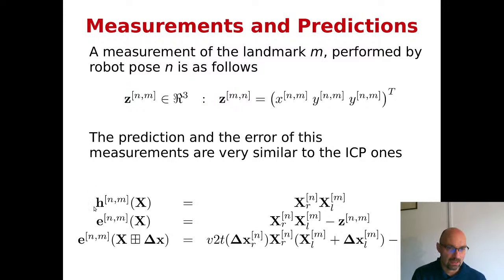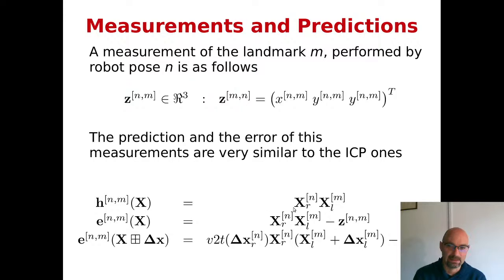Observe that my prediction function, to be consistent with least squares, takes the entire state, the entire data structure, even if in the end it only uses two little parts of it. But just to be compliant with least squares, I write it in this way.